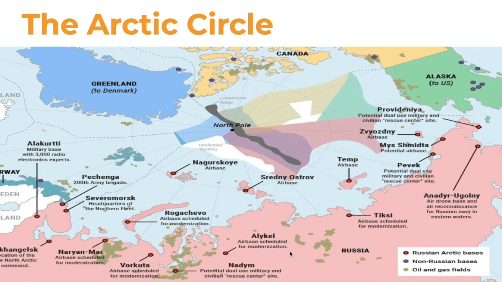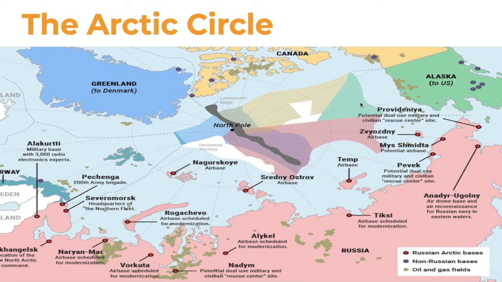And what we're seeing here is a map of all of these bases, military bases, for Russia and the rest of the Arctic countries. And if you total all these up, what you'll see is that all of the Russian Arctic bases total up to 18, and the other countries collectively, 12.